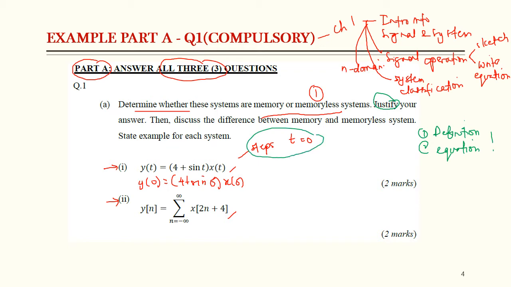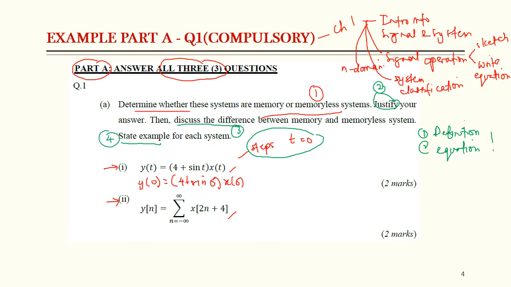That's the first question, meaning that first you need to answer memory or memoryless. Secondly, justify your answer based on your steps. Third, discuss the difference between memory and memoryless system. Fourth, state an example for each system.